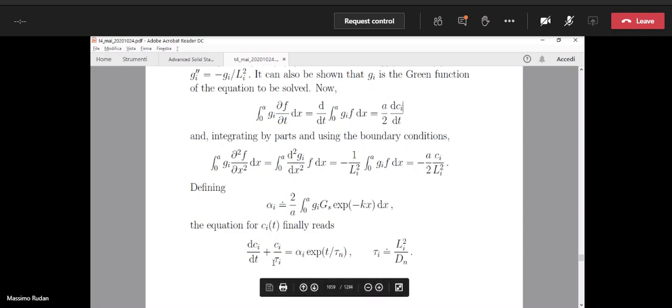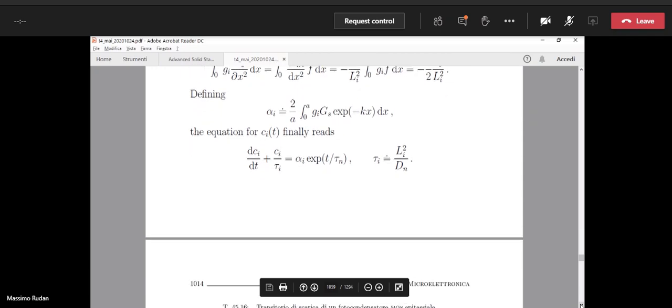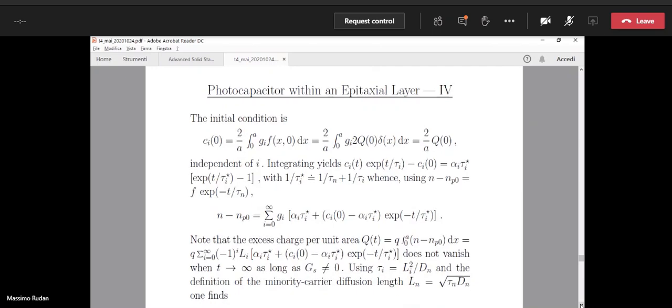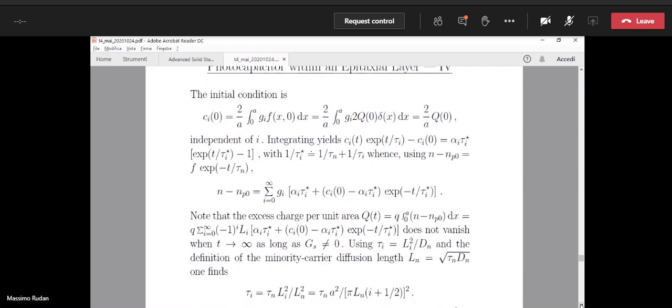Also, in the coefficient, you remember we have Li squared, and then we divide by the diffusion coefficient. We have a time that we call tau I. The initial conditions are easy.